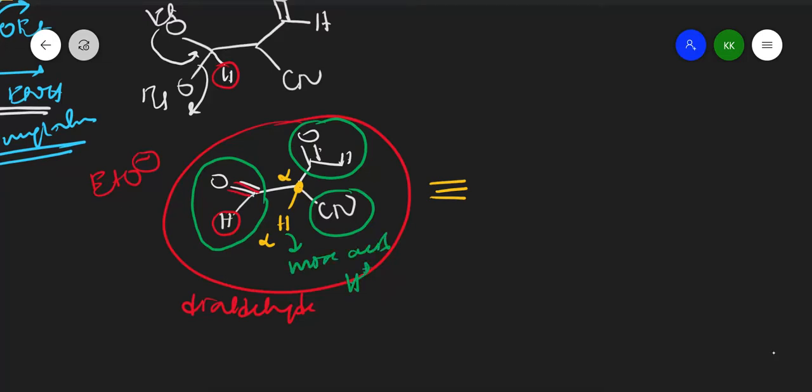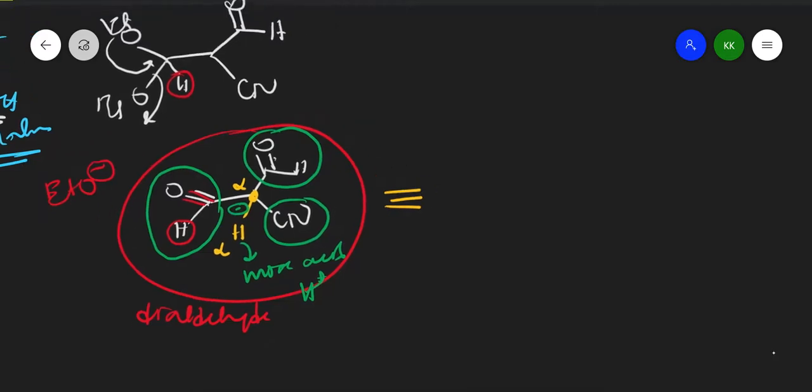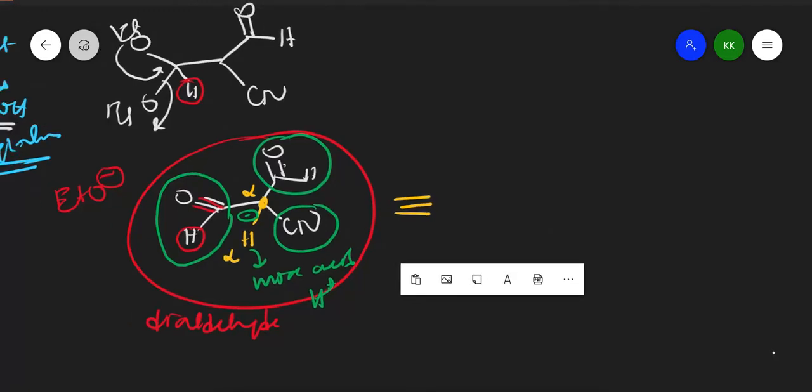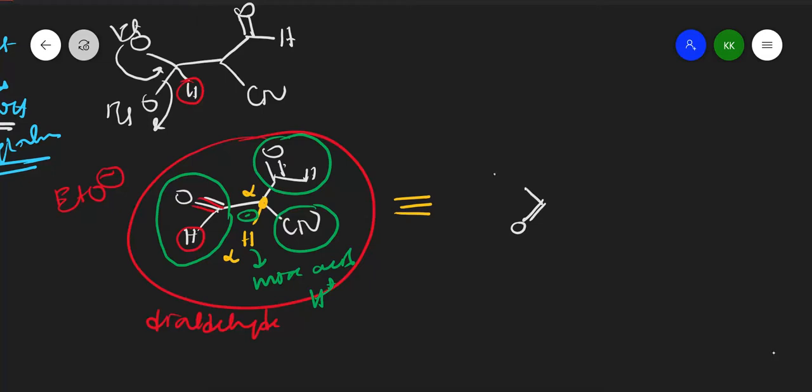If it goes as H plus, I will get a negative charge on carbon. So I will write it nicely like this. I will take this aldehyde group, C double bond O H, and here I have one more aldehyde, simply CHO. Here I have CN.